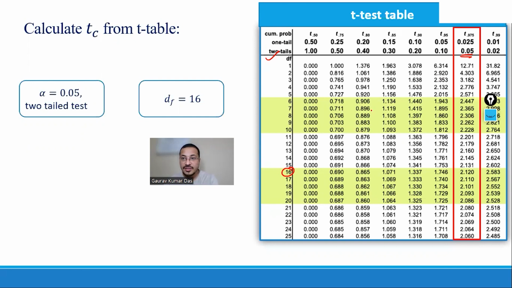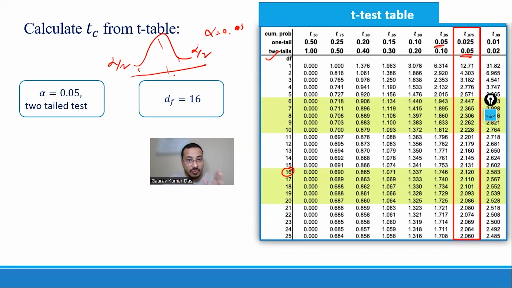Okay, all right. So be very careful, guys. If it is one-tailed, it will be a different column which you have to look into. Why? Because when we have a distribution like this, when it's a two-tailed test, the alpha which you consider, 0.05, gets divided into two equal regions. So alpha by 2 will be put here, alpha by 2 will be put here.